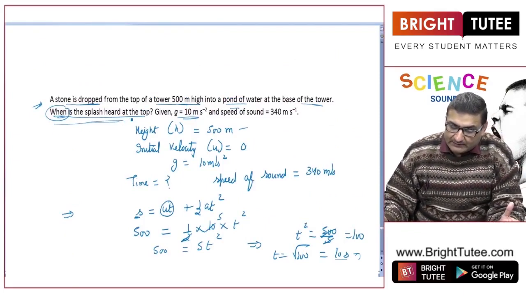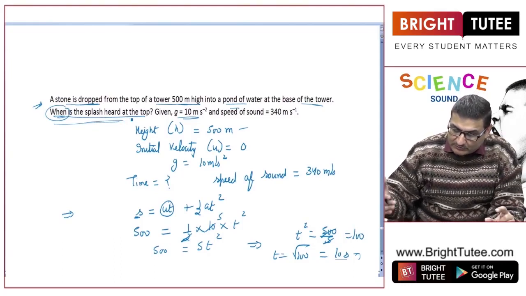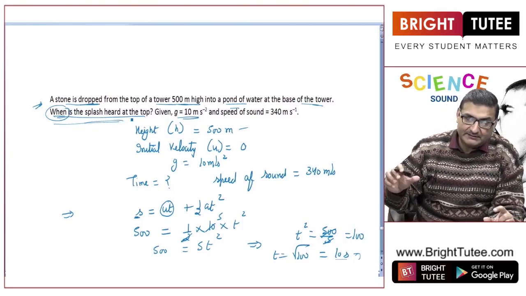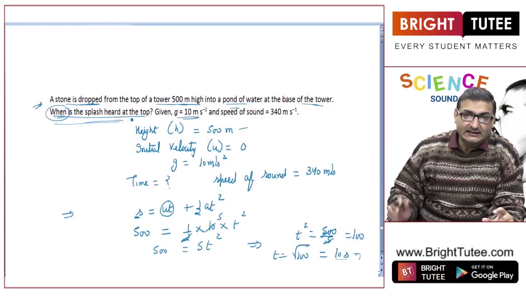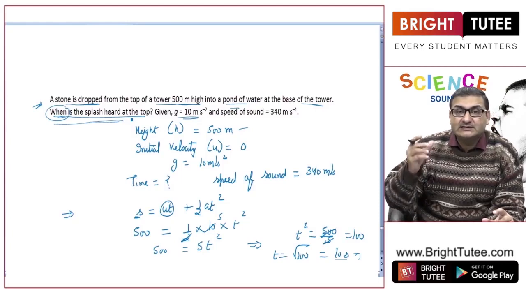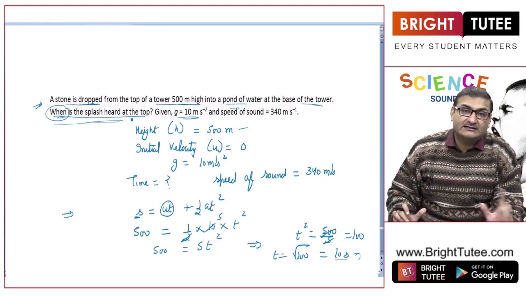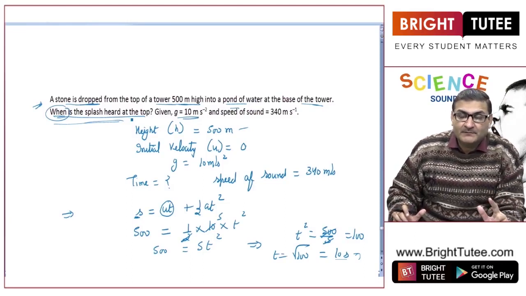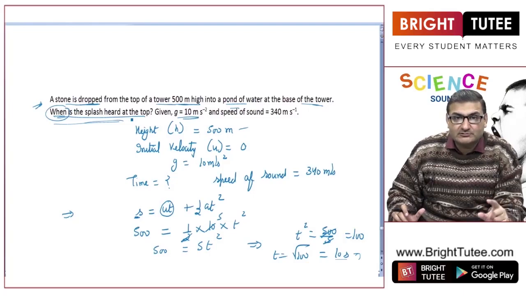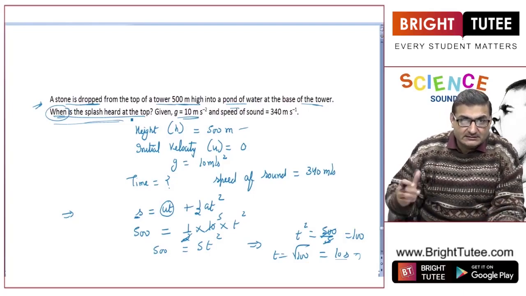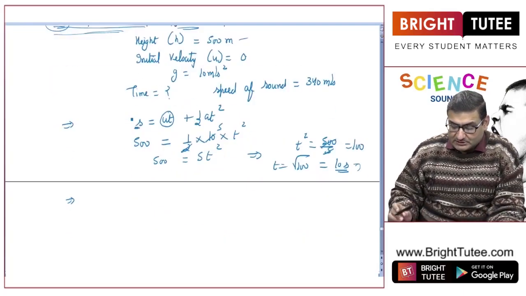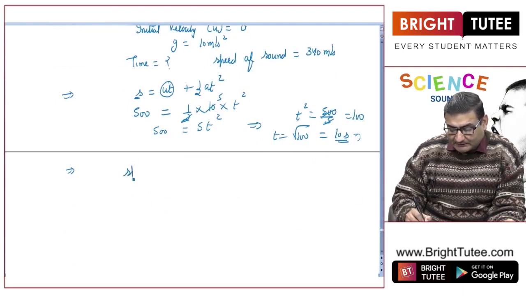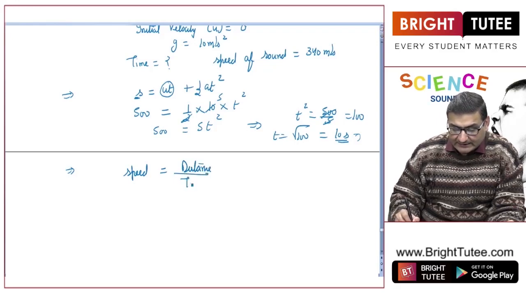The time taken by the stone is 10 seconds, but we need to calculate the time taken by the sound to reach. So, we have to calculate not the time of the stone, but the time of the sound of the splash. So, what I will do is I will simply apply the formula that speed is equal to distance upon time.